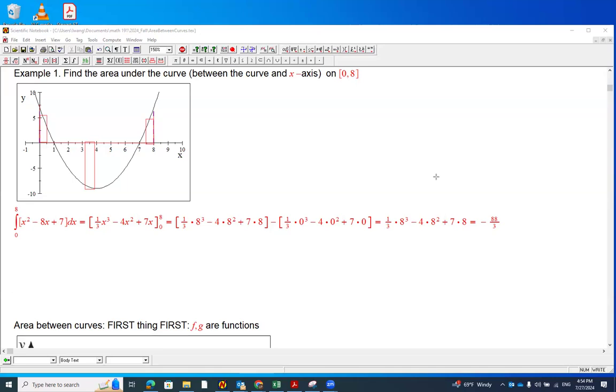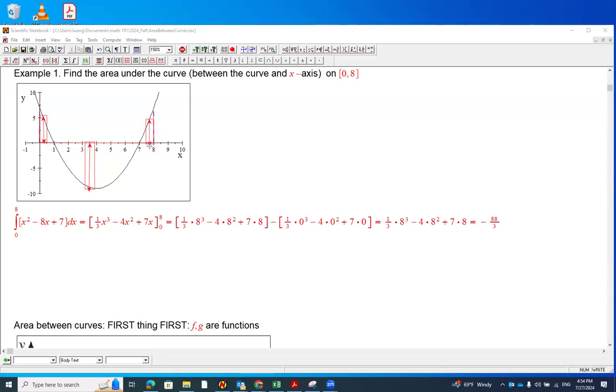So let's mark the height. We get some height. Okay, so this is one height, and this height is f of x. There's another height, which is also f of x because we're using the same function.